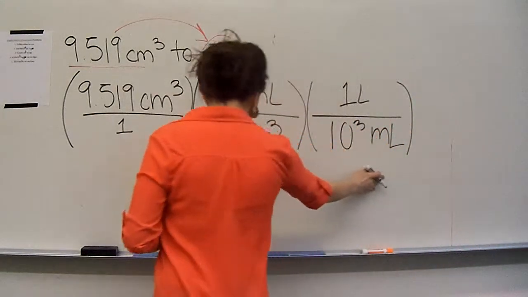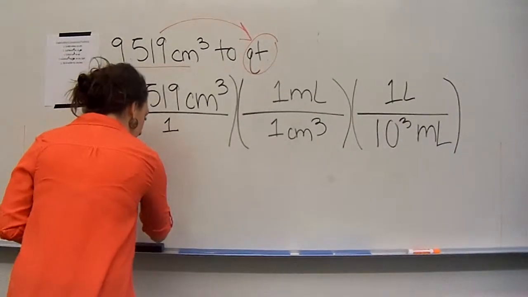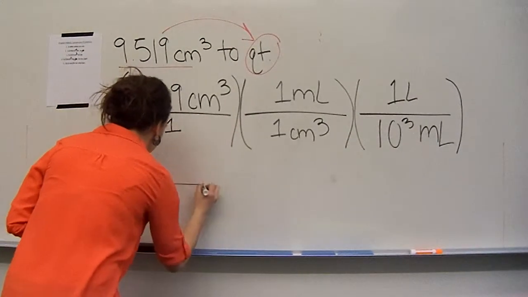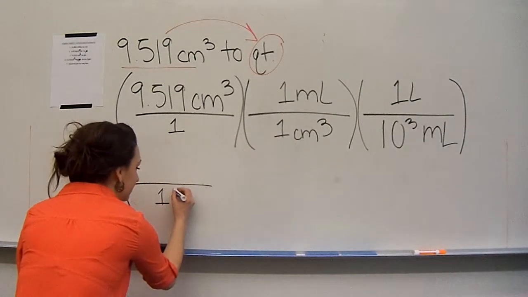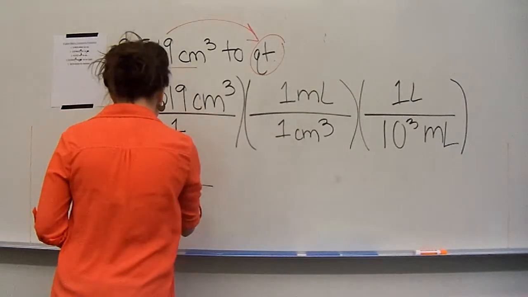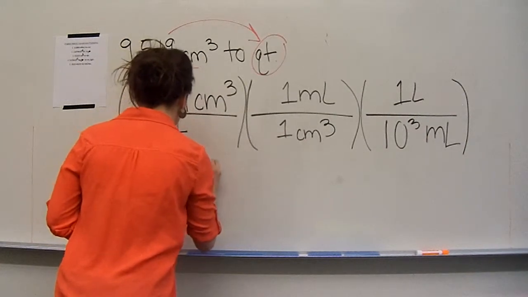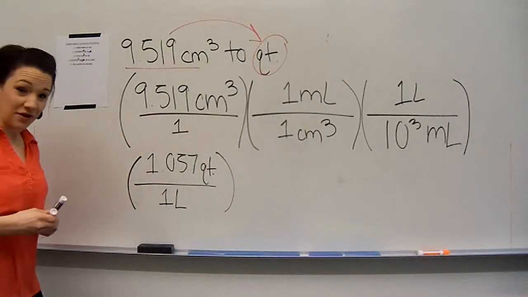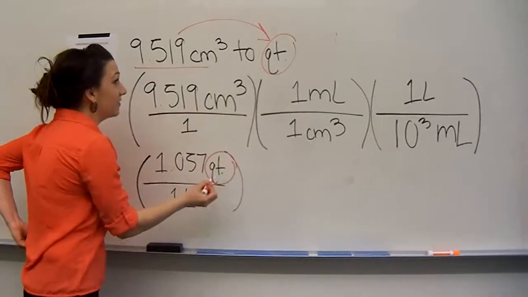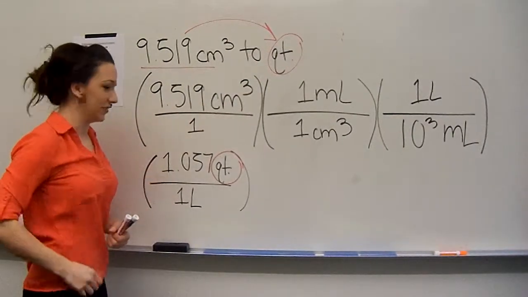We're going to go ahead and move down so that we have a little more room. So we will do 1 liter, matching them diagonally, is equal to 1.057 quarts. Quarts is the unit that we were looking for, so we have that. It corresponds to what we were given to look for originally.